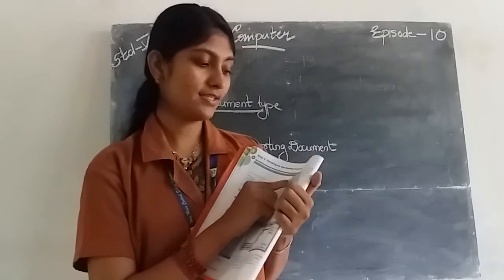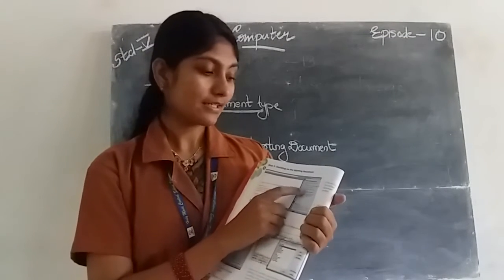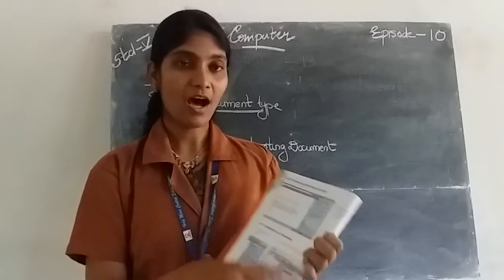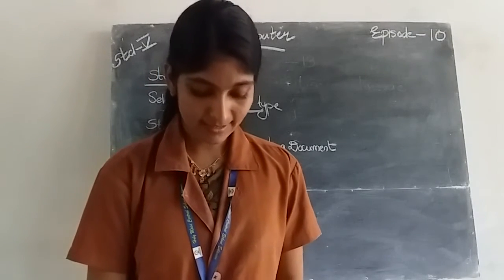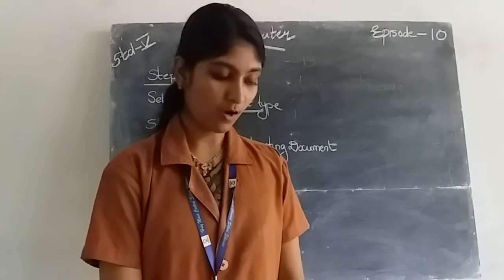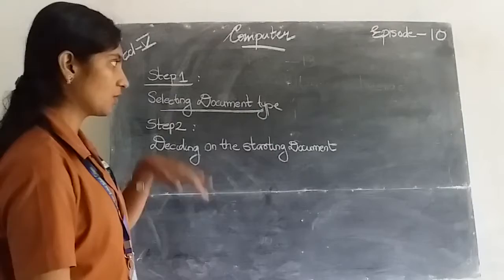That is the 7th step. Click on current document. Then the 8th step: after selecting, next select recipients list. So second step, deciding on the starting document.